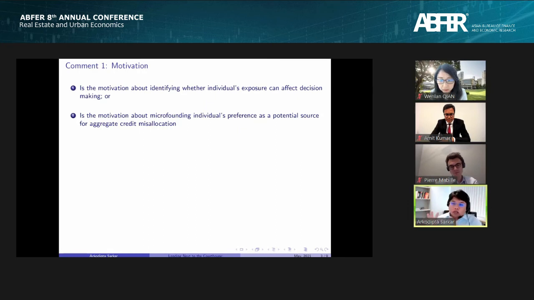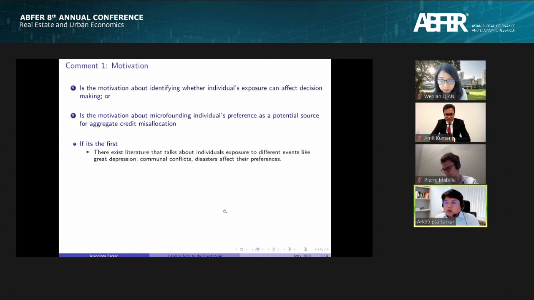So if the primary motivation is the first, then there exists a literature that talks about individual exposure to different events, like, say, the Great Depression, exposure to communal conflicts, disasters, and many other such salient events that can affect individuals' preferences and thereby their decision making.